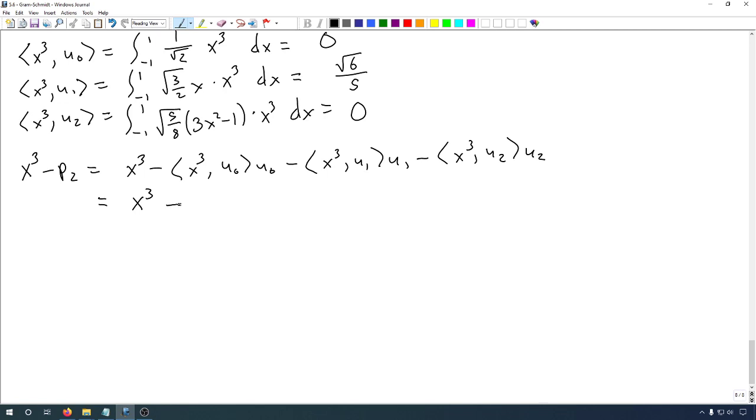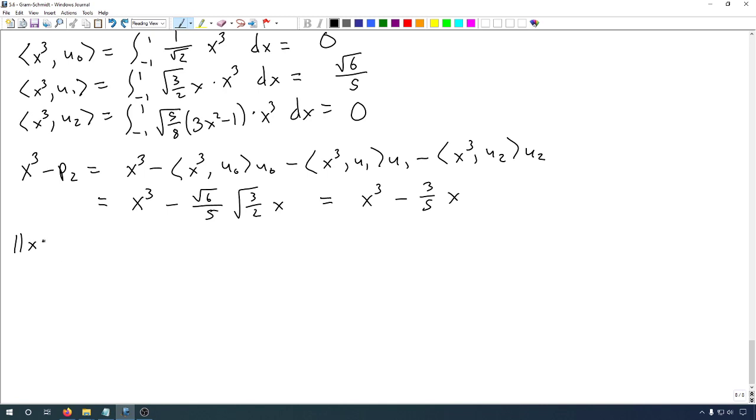Then we have this thing. That inner product is square root of 6 over 5. But then u1 is square root of 3 over 2 times x. And that's going to simplify to x cubed minus 3/5 x. Of course, we need to turn it into a unit vector.